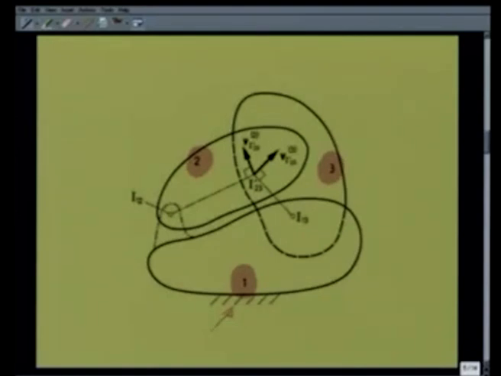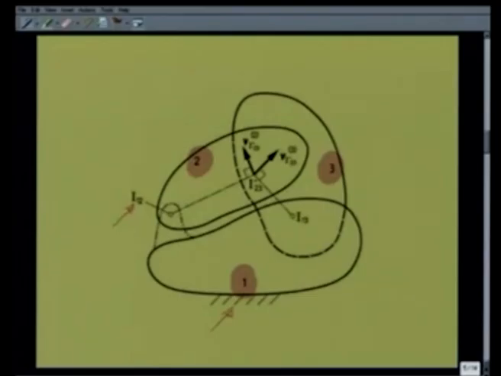So, to consider the relative planar motion between 3 rigid bodies, namely 1, 2 and 3, I consider body 1 to be fixed. And let us say that I12 is the relative instantaneous center for bodies 1 and 2.